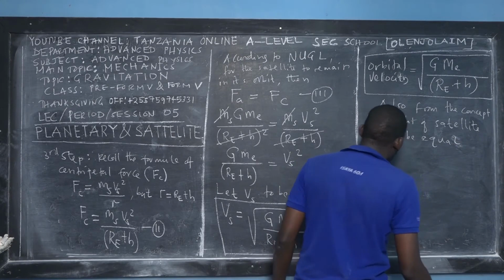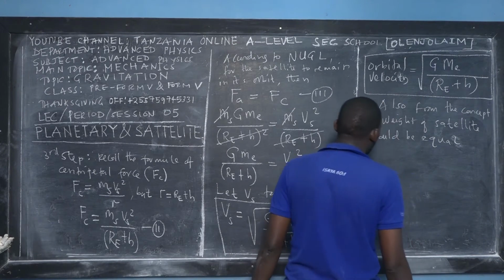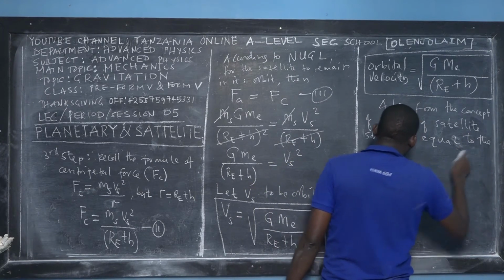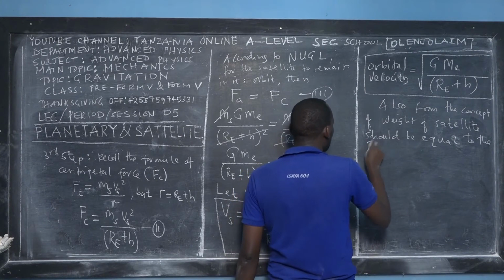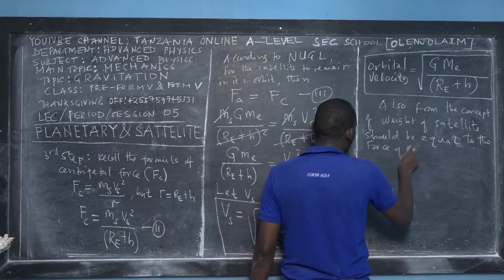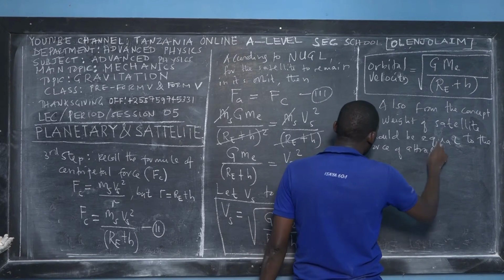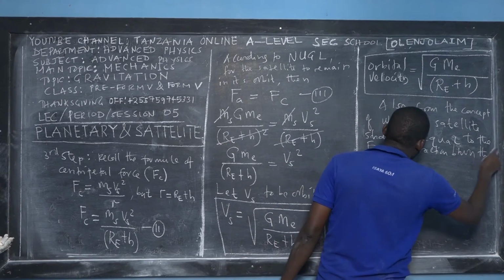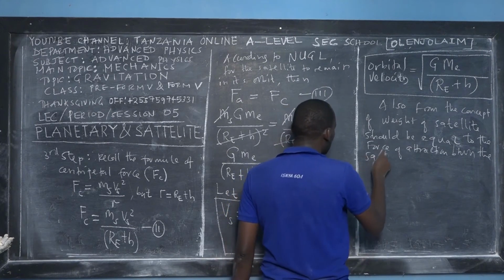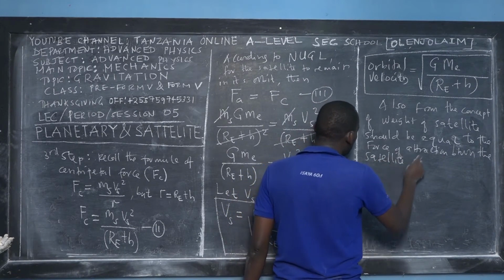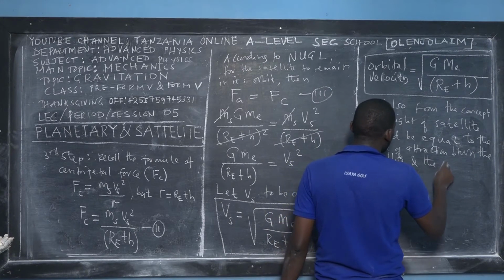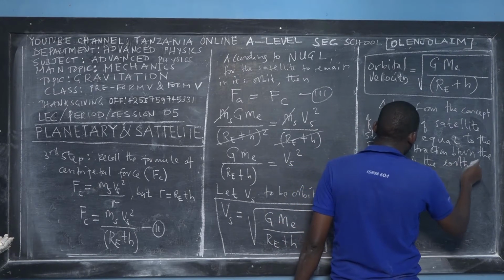There's a greater force, and it should also balance the weight of the satellite. Should be equal to the force of attraction between the satellite and the Earth.